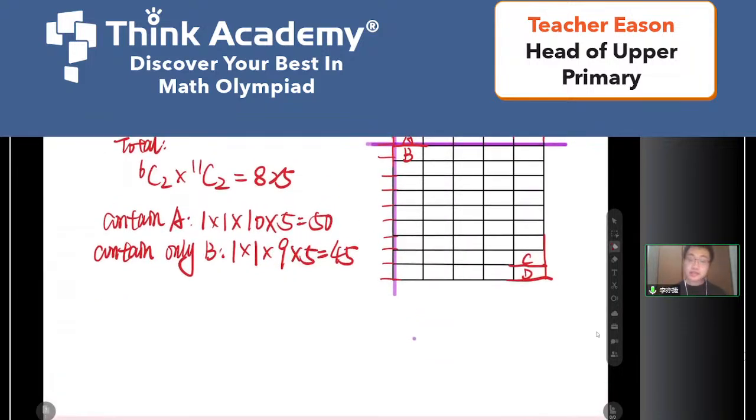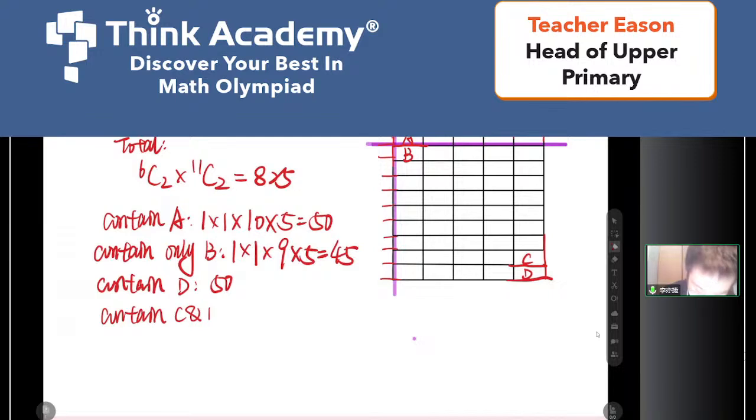And then C and D are symmetric, which means for those containing D, also 50. And for those containing only C, also 45. So now we have contain A, contain only B, contain D, contain only C. So we avoid those containing both A and B and both C and D, right?